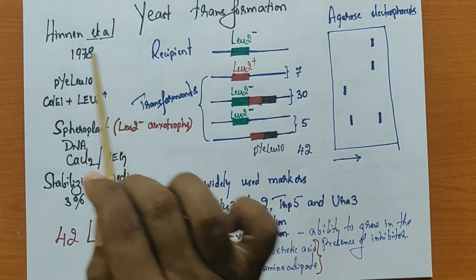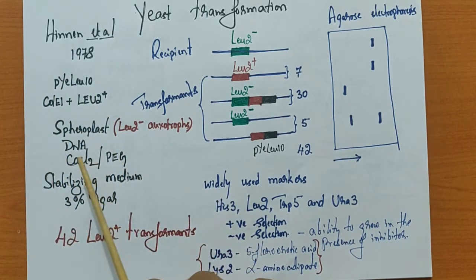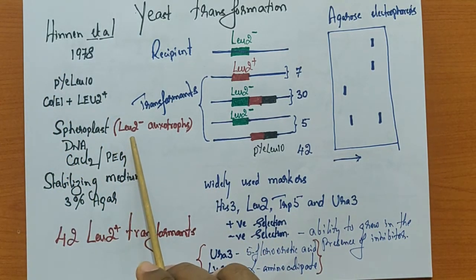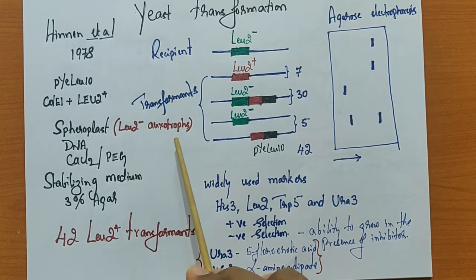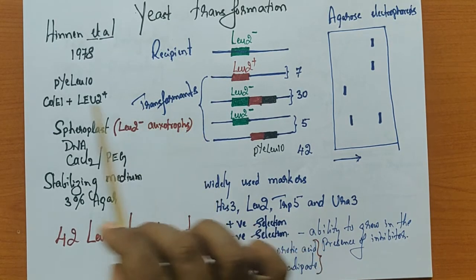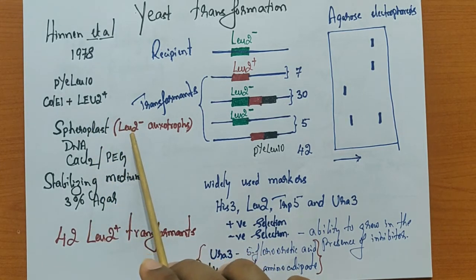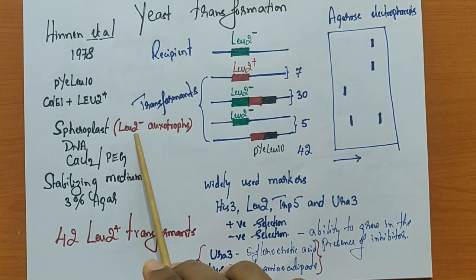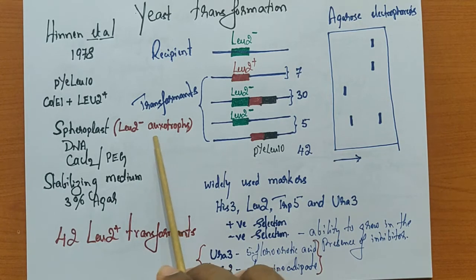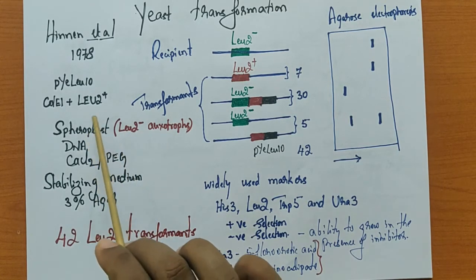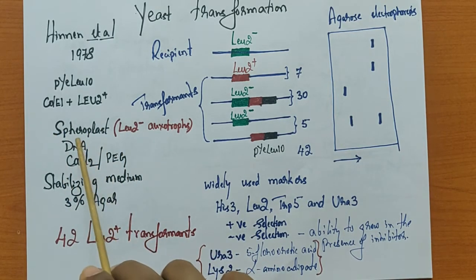Now they have done a transformation in LEU2 minus auxotrophs. So they have taken a yeast in which this particular gene is mutated. In order to do a transformation, they require what is known as a spheroplast.